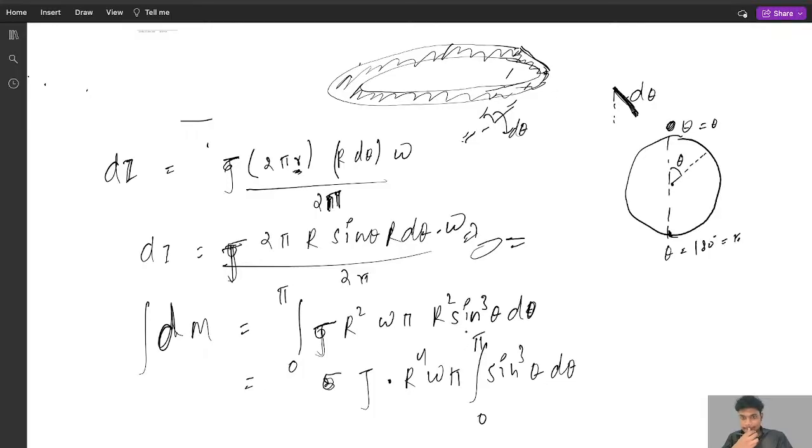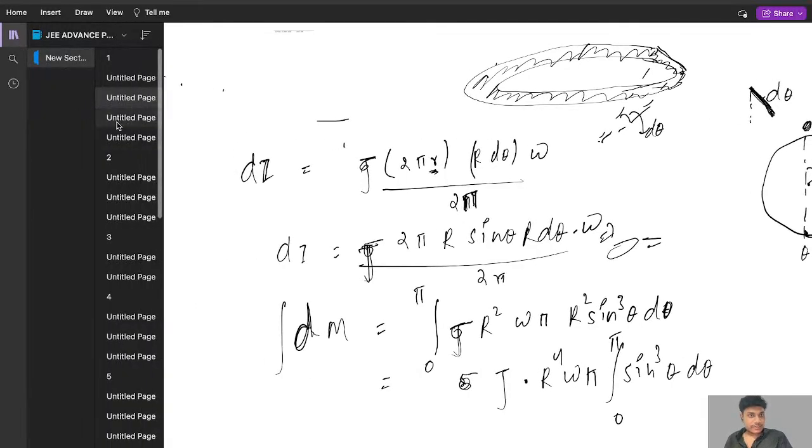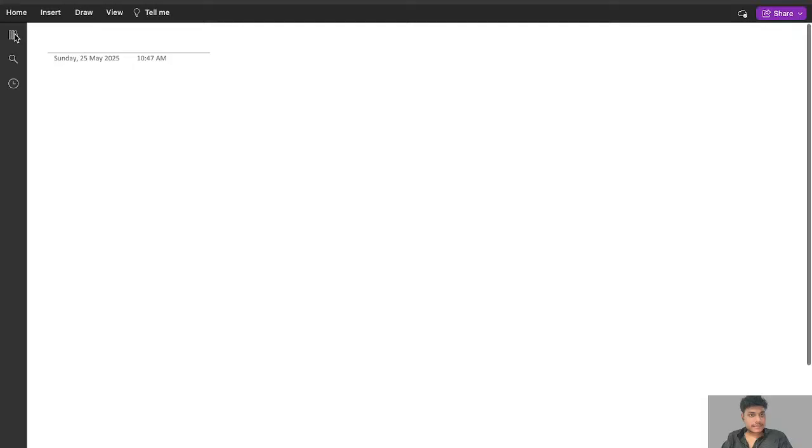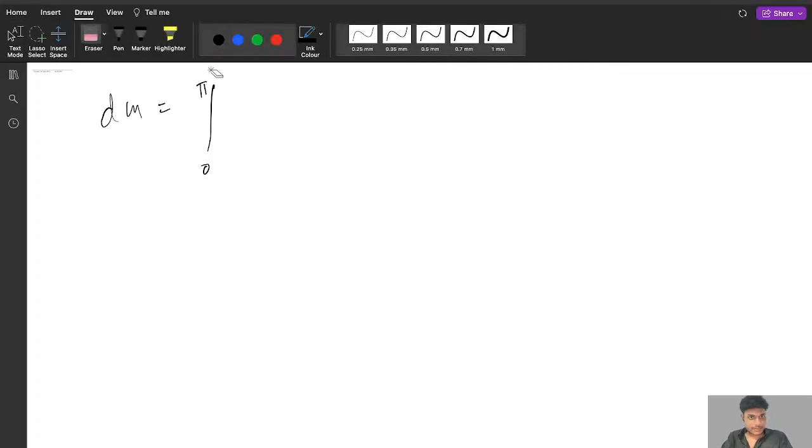Do you understand this? We have to integrate sine cube theta and d theta, right? Did you understand this? So our m is equal to integration 0 to pi, wait a minute, let me write this in a different form.